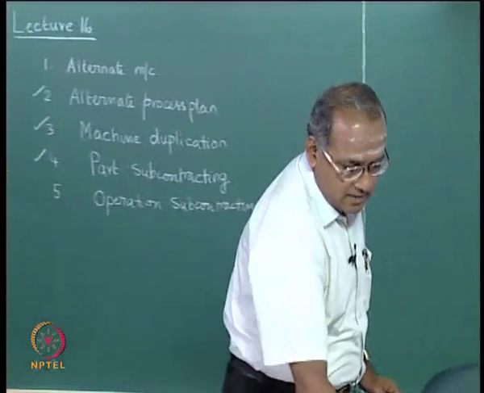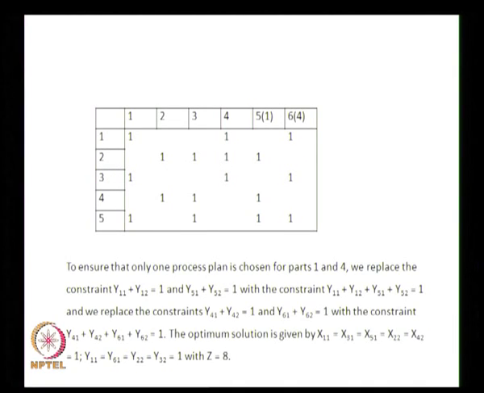So, we take this example. This is a 5 machine 4 part incidence matrix. You actually see 6 columns, but the first 4 columns represent 4 parts, the 5 rows represent 5 machines. The columns 5 and 6, where we have shown 1 and 4 in brackets, mean that this is an alternate process plan to do part 1 and this is an alternate process plan to do part 4.